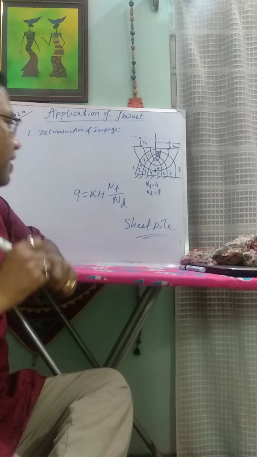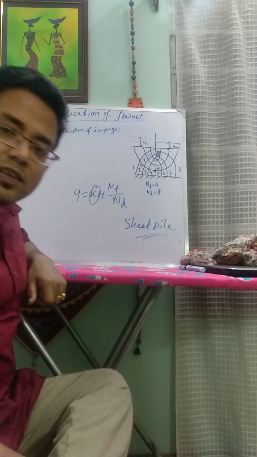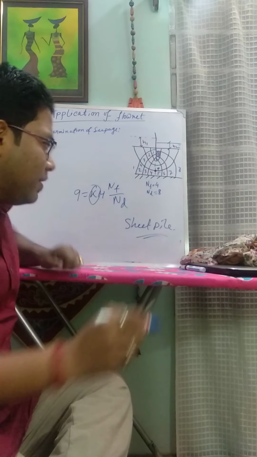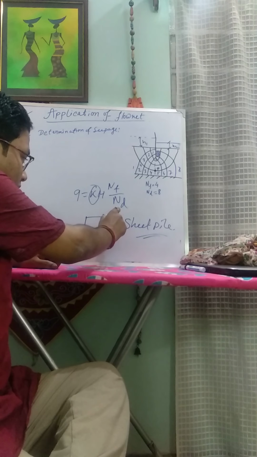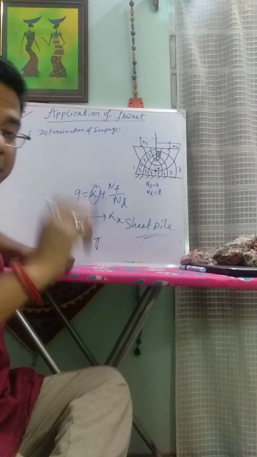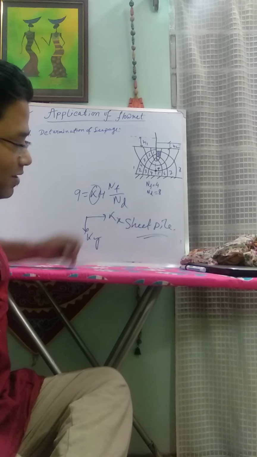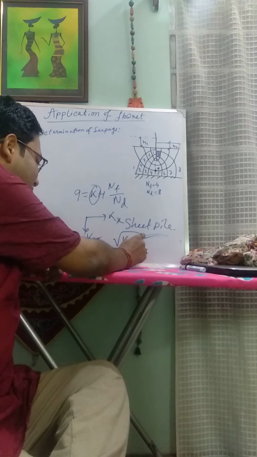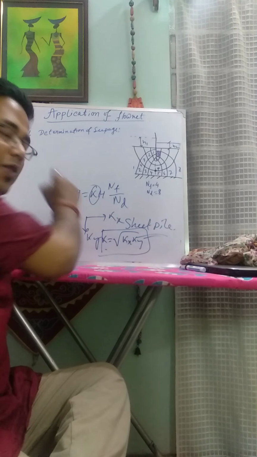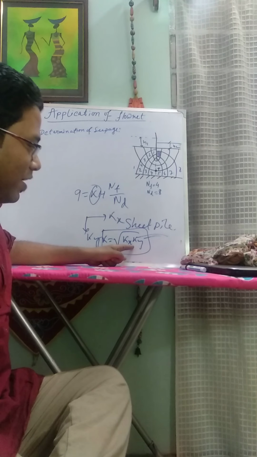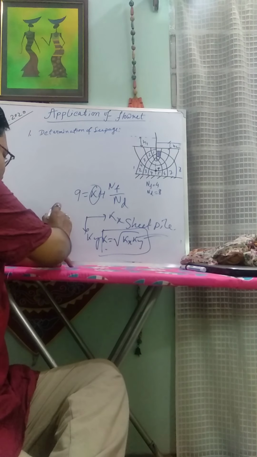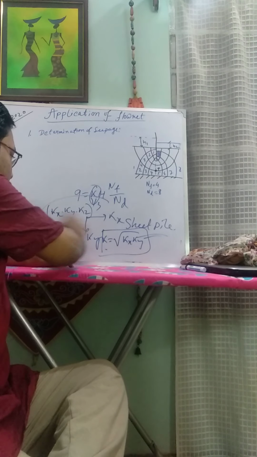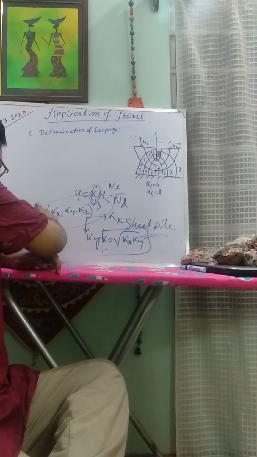Another thing we want to discuss: K is the coefficient of permeability, and in many cases there are two types of permeability, in the X direction and in the Y direction, mainly in dams. In that case the K value you consider is root under Kx into Ky. If it is three-dimensional, with Kx, Ky and Kz, then it will be the cube root, power 1/3.